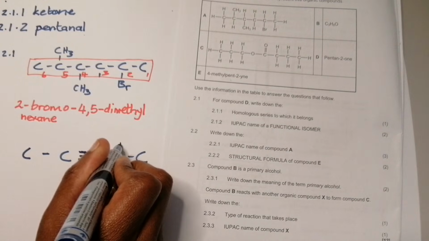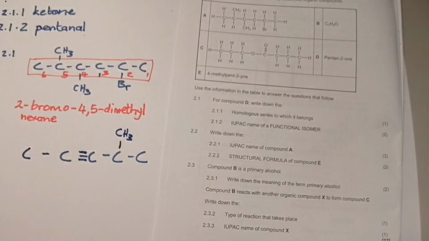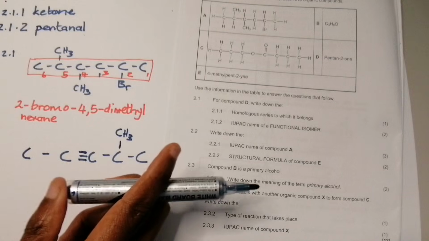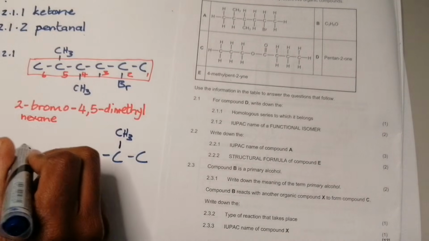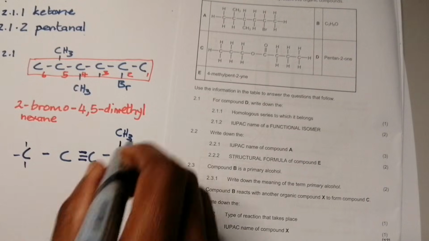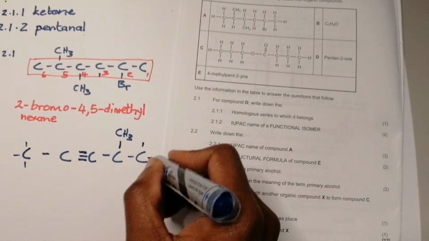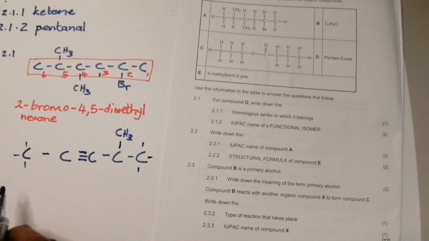Over there I've got a methyl, that's a CH3 group. By the way, they did say structural formula, so maybe you want to expand that a little bit. We just need to make sure that the number of hydrogens is the correct number.